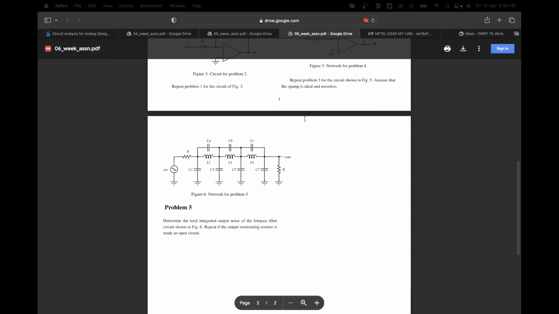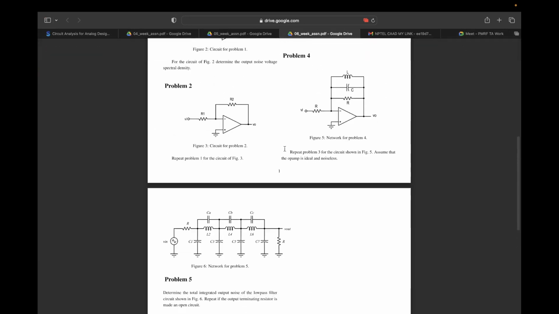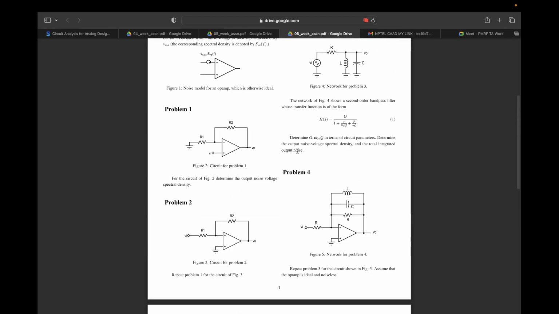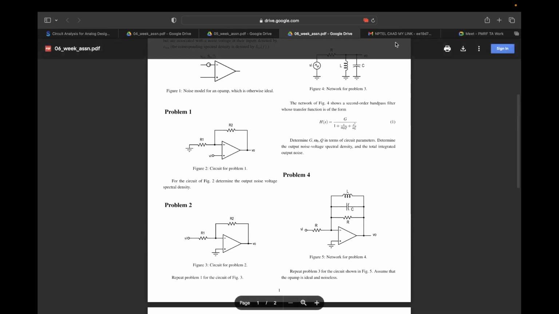Yes, sir, question number 4. Question number 3 is done, sir. For question number 4, first we need to find the equivalent noise. A hint I can give: you know what integral you need to find, right?